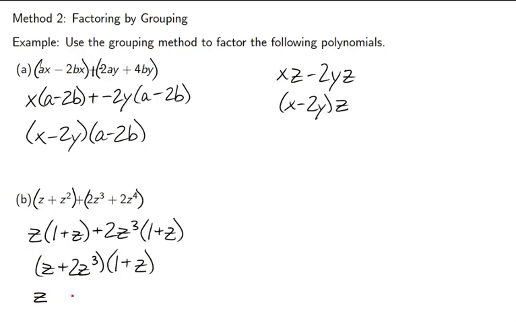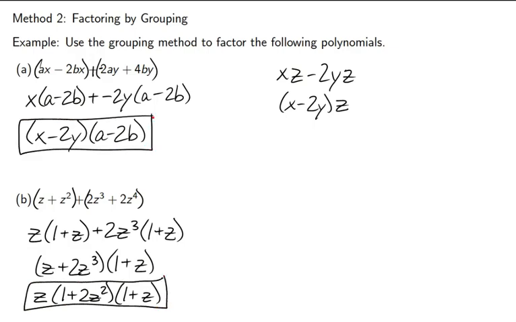So I'm going to write this as z times 1 plus 2z squared. I'll factor the z out, and then I get 1 plus z. So this is a little bit more simplified than the previous one. Alright, so there we have it.